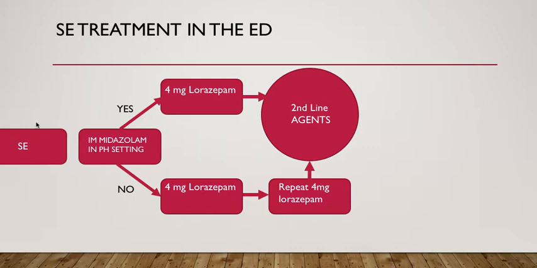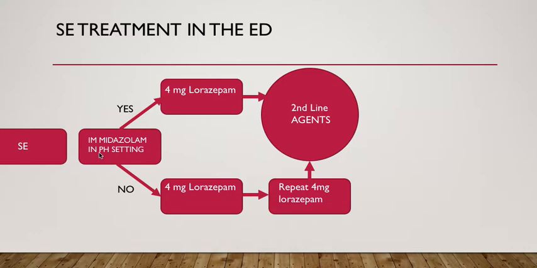First, we detect the patient with status epilepticus. By history, we know that he has been seizing for more than 5 minutes. So, in the pre-hospital setting, they are going to administer midazolam, 5 milligrams in children, 10 milligrams in adults.